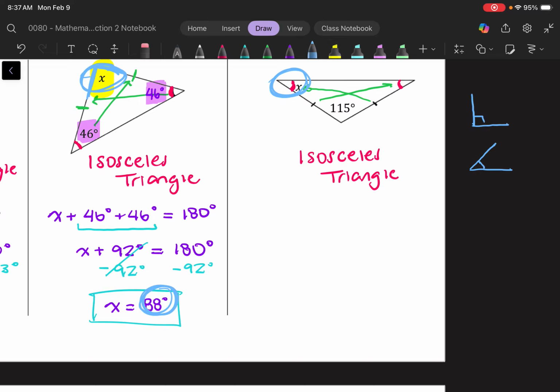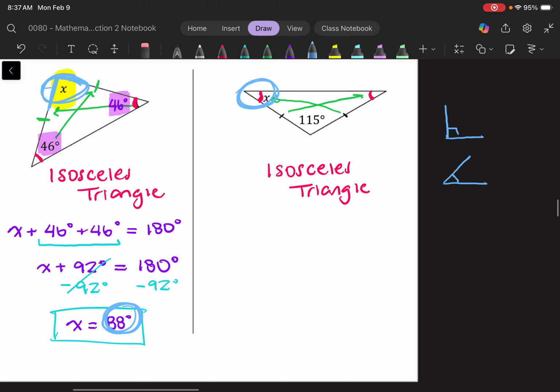But if I have an idea of what my answer should look like, then I can identify if I'm really off track, right? If I get an answer of 127 degrees and I'm like, buddy, it's acute, then I know that I made a mistake somewhere, okay? Anyways, let's do this last one.